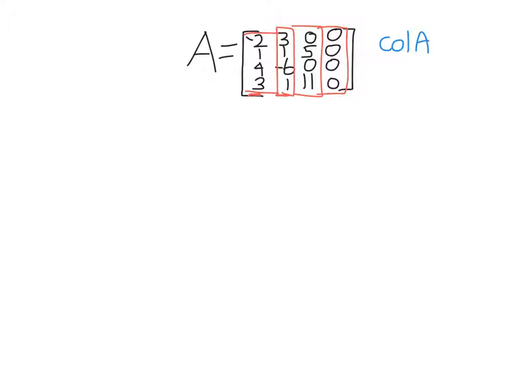The other important one is the null space of A, which we've previously called the kernel of A. Remember, the kernel of A contains all of the vectors x such that A times x gives the 0 vector.